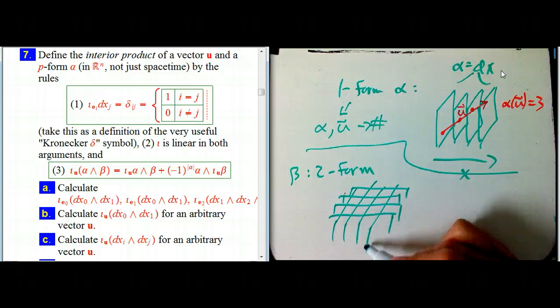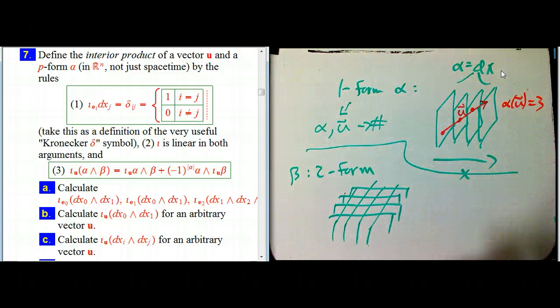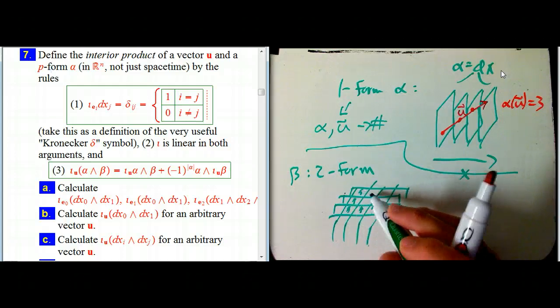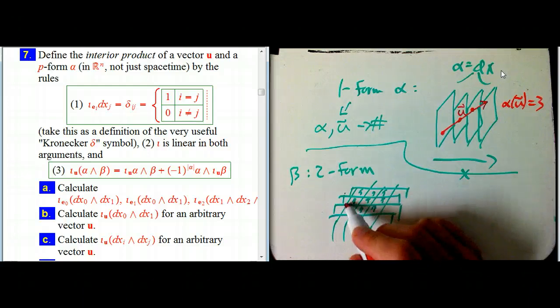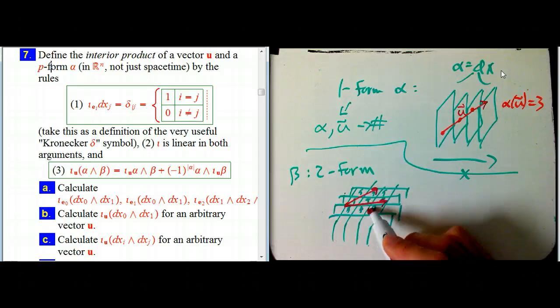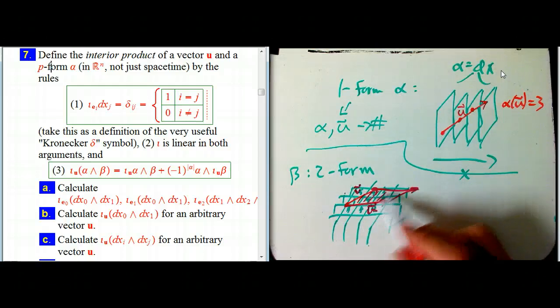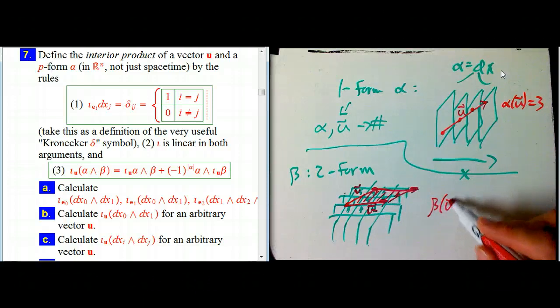So you've got sheets maybe going this way and sheets going this way, and that can eat 2 vectors. One of the things we used this for was we imagined fluid flowing in this direction between the sheets, as tubes of flux. Then if you take 2 vectors, u and v, we created the parallelogram spanned by those, and the number of tubes cut was how beta eats both u and v to get a number.